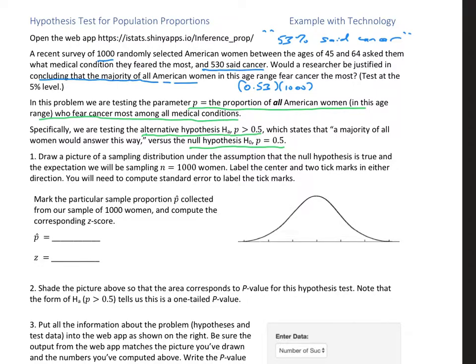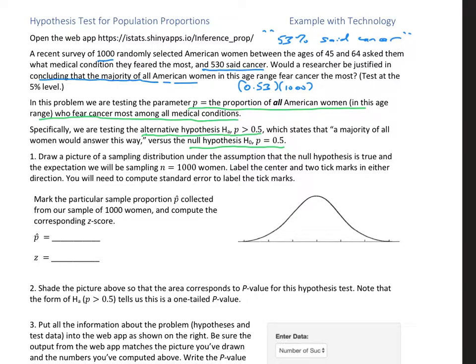Usually, in most scientific studies, the alternative hypothesis would be a not equal to statement, just so that there's no bias going into the study. But in this case, it specifically asks about majority, so that means greater than 50%.